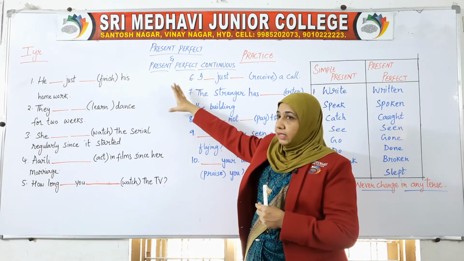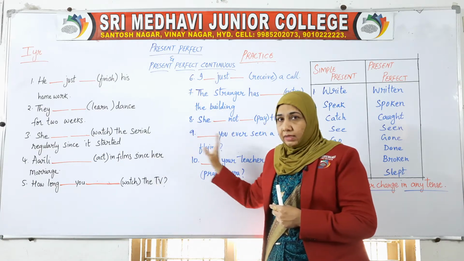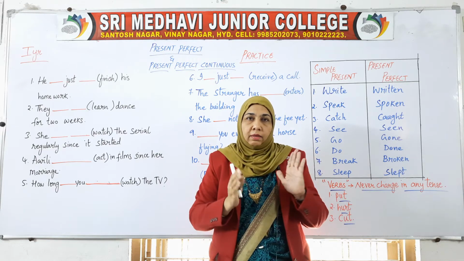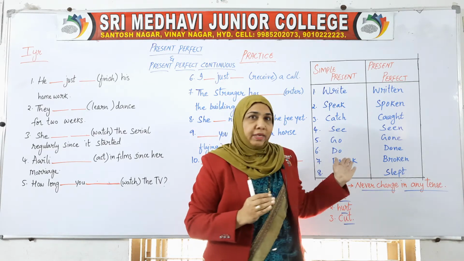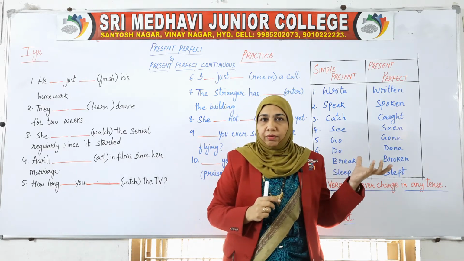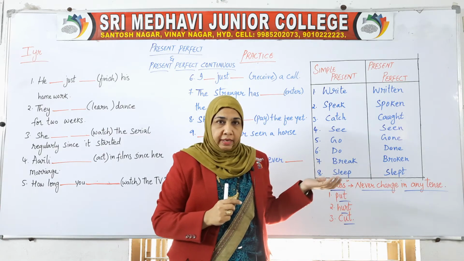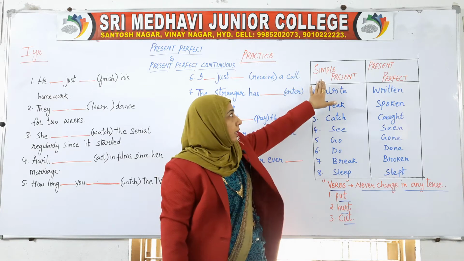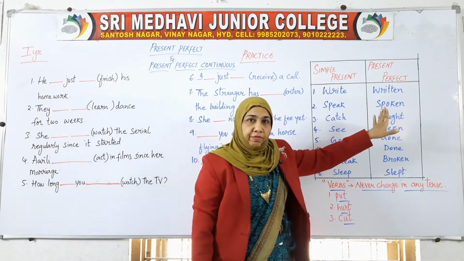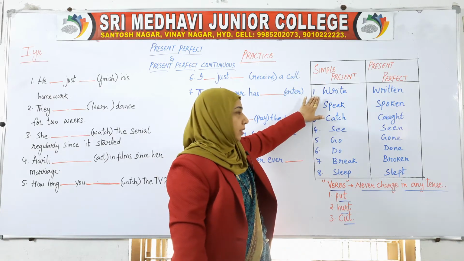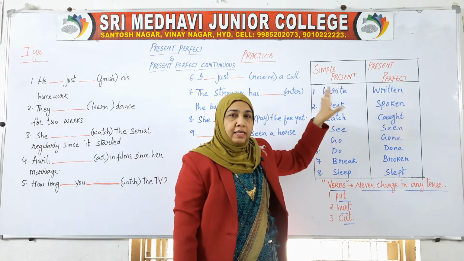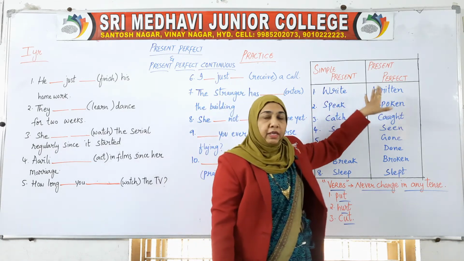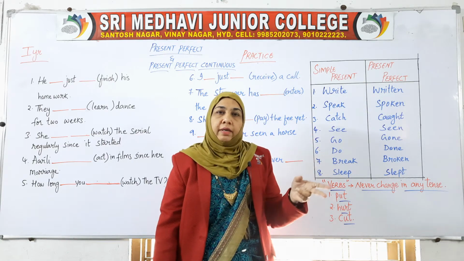Before filling up the blanks, I would like to give you a little glimpse of the verbs which can change in the tense. Especially I am talking here about simple present and present perfect. In simple present, if we have the verb write, then in the present perfect it changes to written.